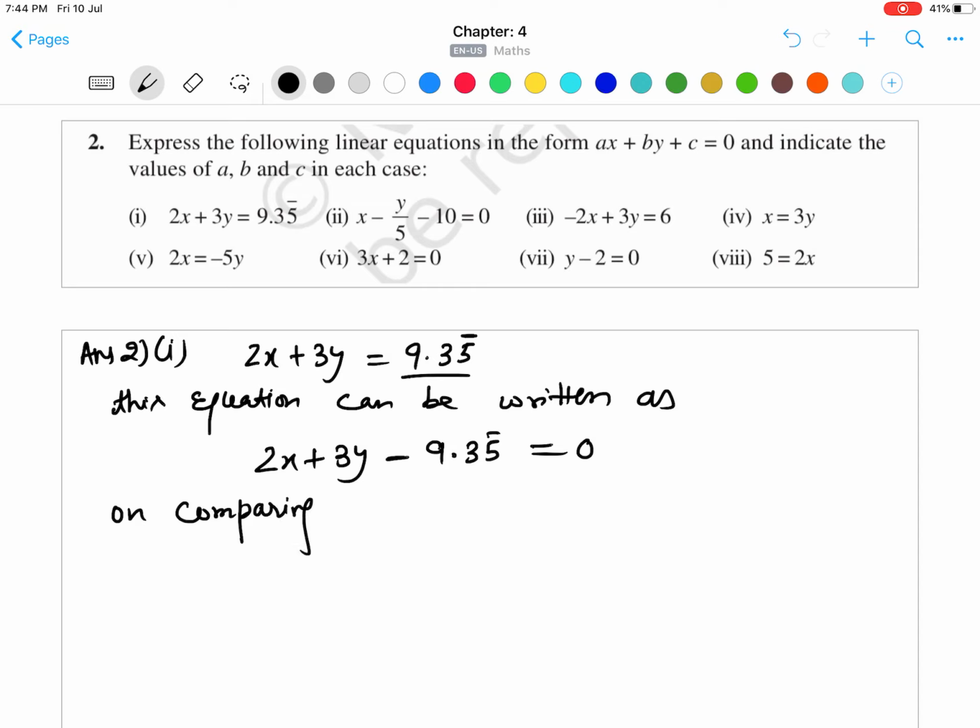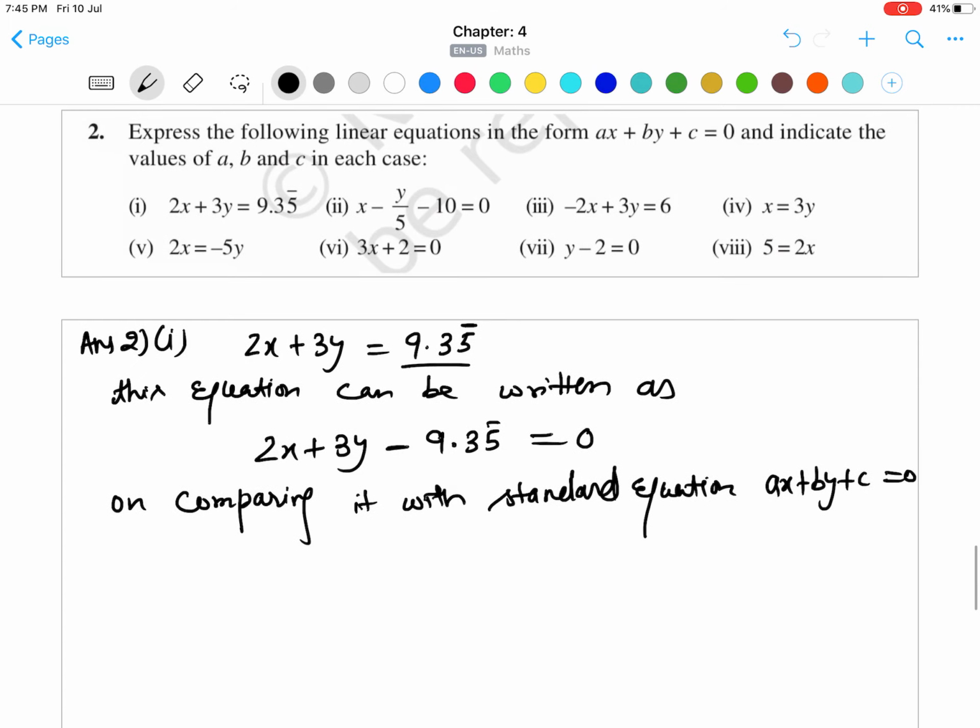Comparing it with the standard equation, what is the standard equation? That equation is ax + by + c = 0. So we have a = 2, b = 3, and c = -9.35 bar.